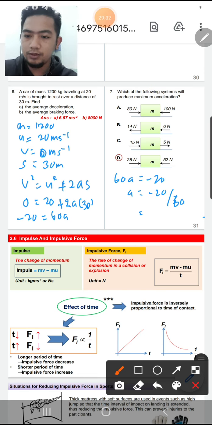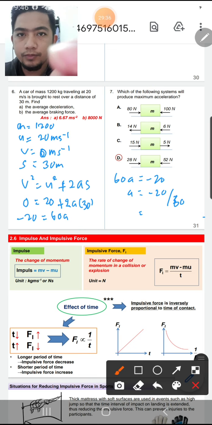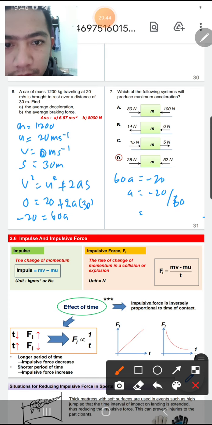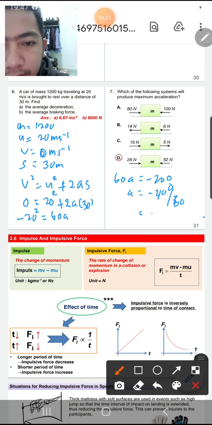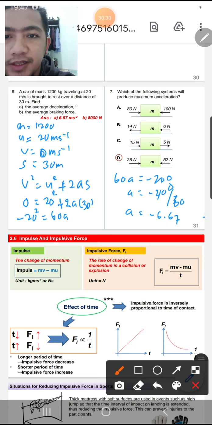Sorry, here we forgot to square it. Actually it should be 400, because 20 squared is 400. So 400 divided by 60, you will get negative 6.67. The question mentions deceleration.